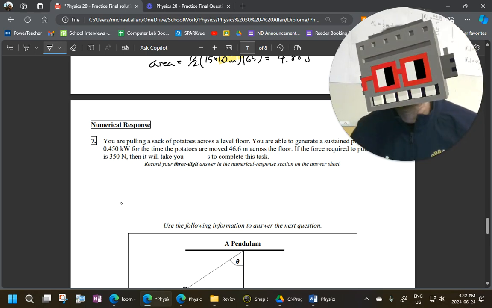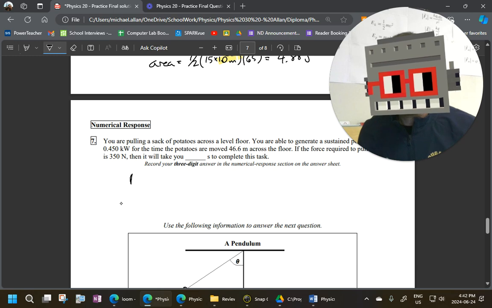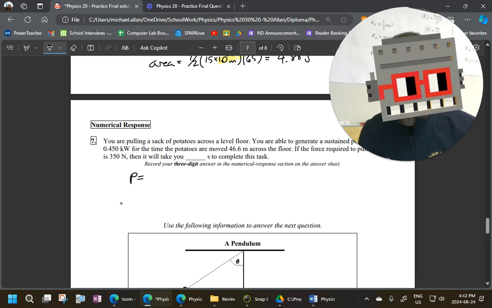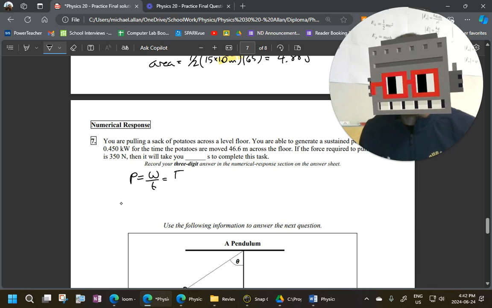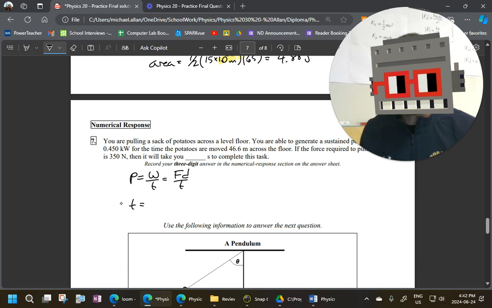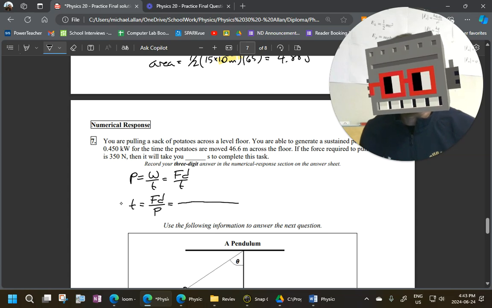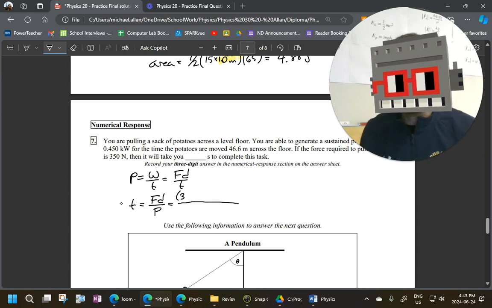Okay, so power. What is power? Well, power is work divided by time. And what is work? Well, work is force times distance. So if I want to find time, I'm going to multiply the time up to the top, divide the power down, and then I just put all the numbers in. All right. So we got our force, we got our distance, we got power.